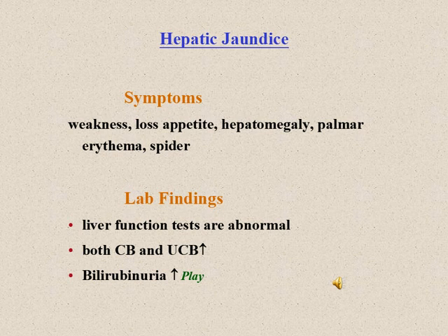The unconjugated bilirubin in the hepatic cell is converted to conjugated bilirubin with the help of the UDP glucuronide transferase enzyme. So both levels increase in blood in hepatic jaundice, and also bilirubinuria. It means the bile pigment bilirubin is present in urine, and also urobilinogen is present.